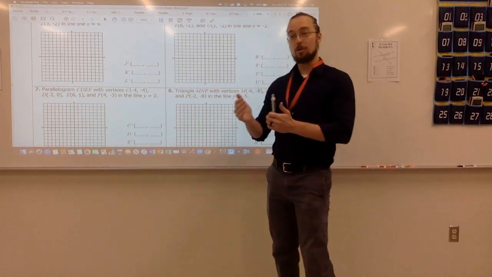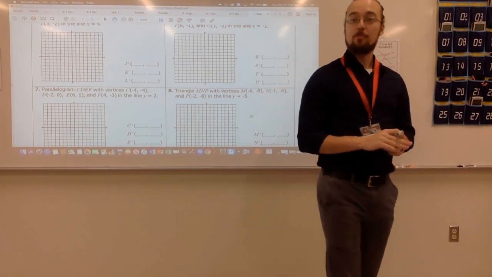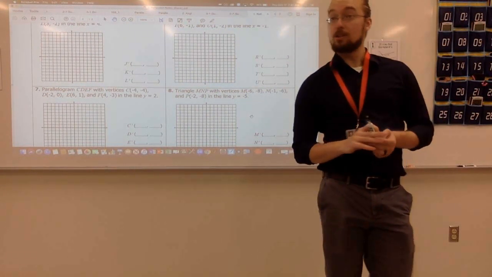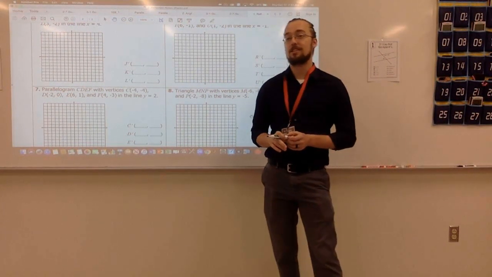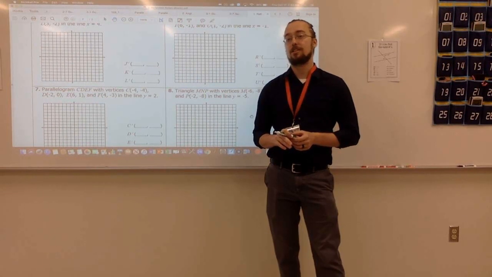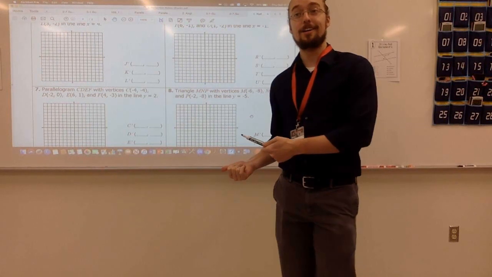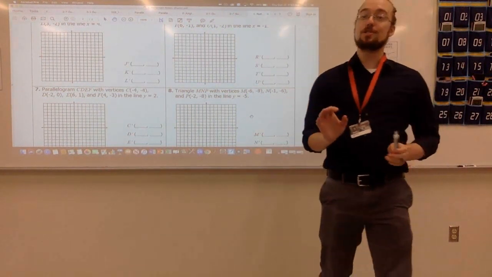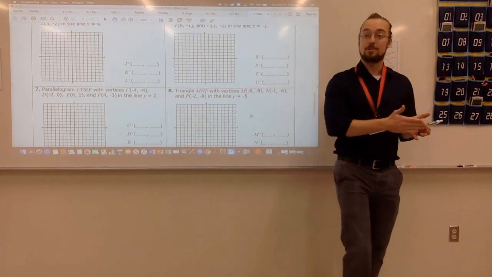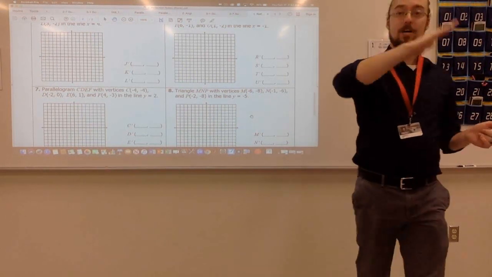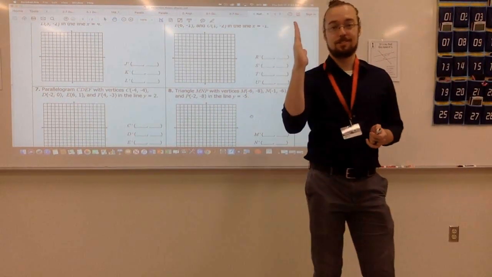Perpendicular. Oh, yeah, that's what we're gonna do today. But what I'm asking first is if we need any more practice on what we did yesterday, reflecting across horizontal and vertical lines.